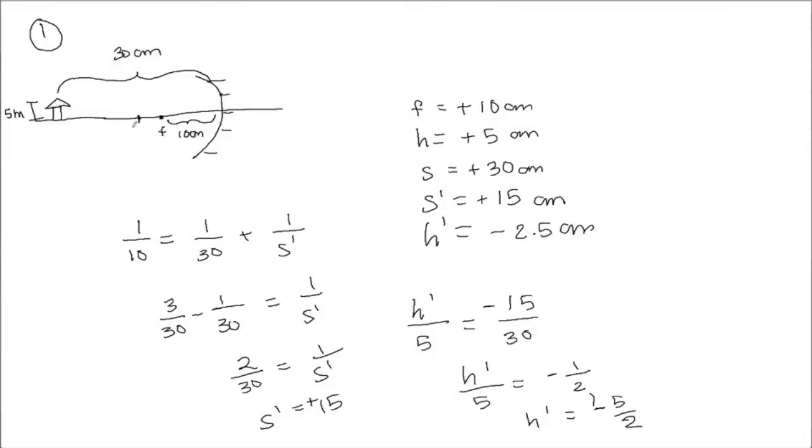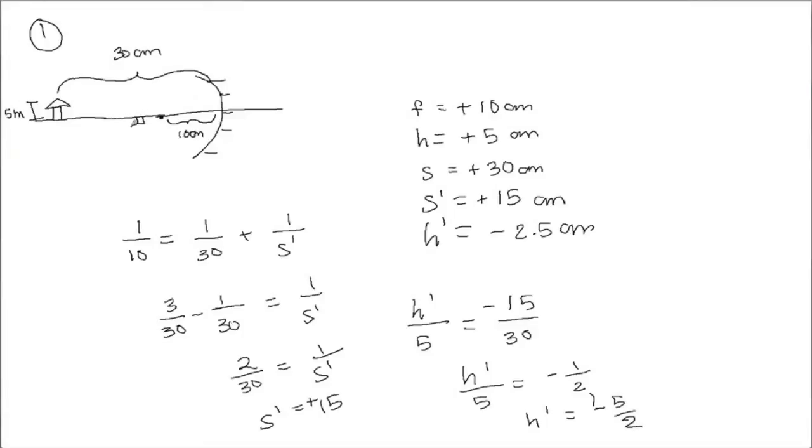So then H prime looks something like, so then the image looks like that. But it should be smaller. It just doesn't look smaller. Oh, it's okay, I just redraw it. So it should be like that.